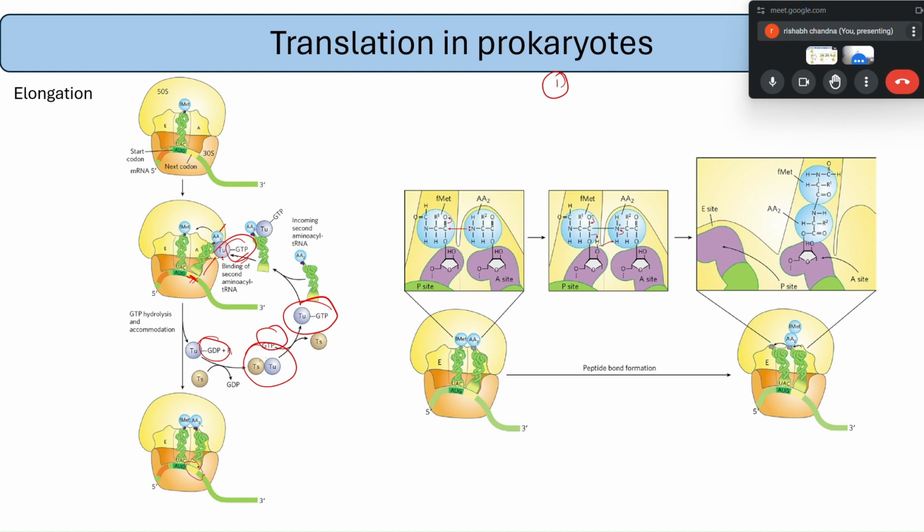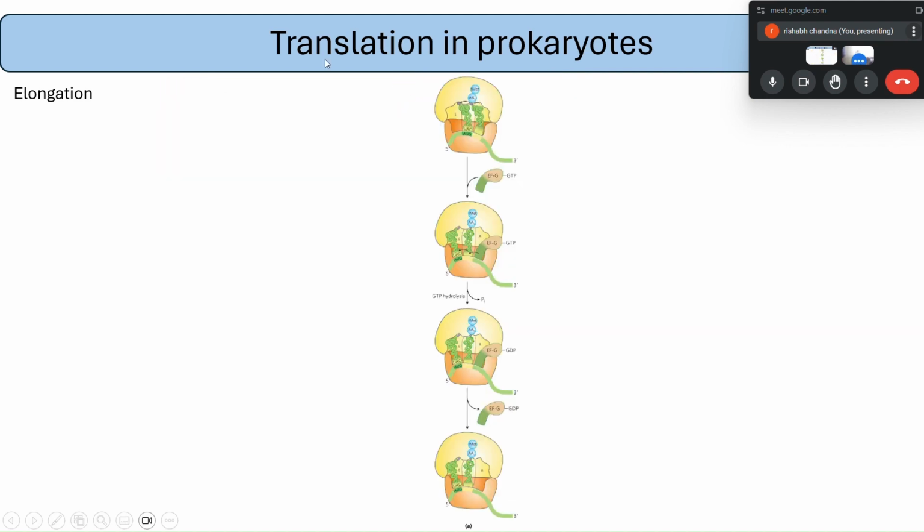Okay, now this GTP hydrolysis leads to the binding of the amino acid tRNA that codes for the next codon. Now, as this amino acid has been bound, comes the formation of the peptide bond. Okay, so this is the P site, this is the A site. This is the tRNA structure, and this is the amino acid. So this is formylated methionine, and remember, protein chain formation always occurs from N to C. Okay, so the first amino acid will have its N terminal free.